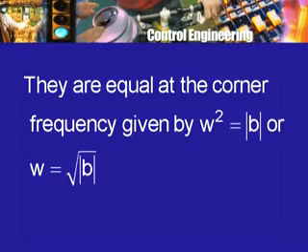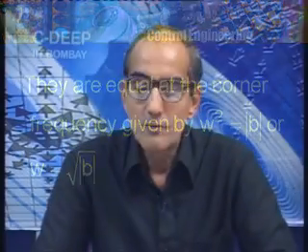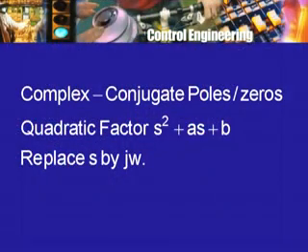Now, if the factor in the numerator or in the denominator is written like s squared plus as plus b, then of course there is no difficulty in seeing the number b and taking its square root, and that is the corner frequency for the approximate Bode plot for this quadratic or the pair of conjugate complex poles or zeros.